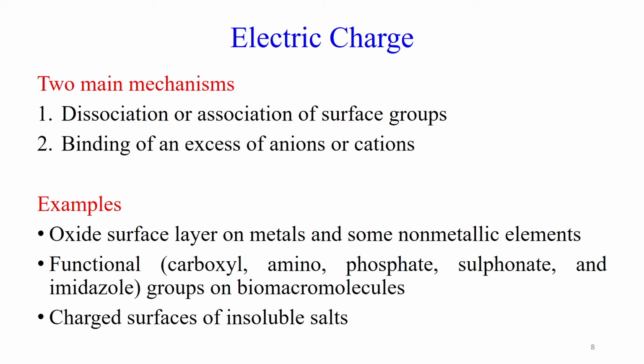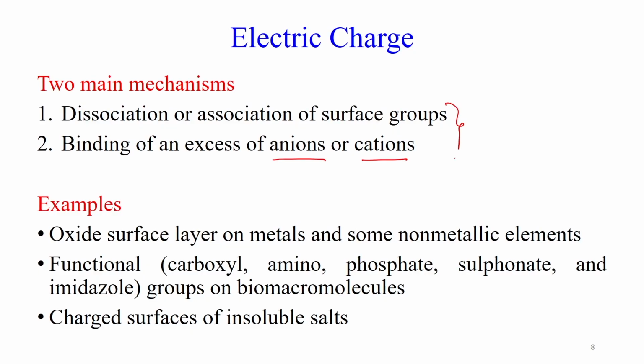The other mechanism is that it comes from the environment or surrounding. It binds with some excess of either anion or cation. So, whatever group is present on the surface, it is going to have a similar charge. It may have a positive charge, it may have a negative charge. These are the two main mechanisms of how electric charge is acquired on the surface.